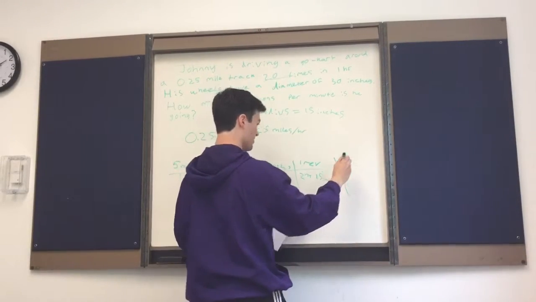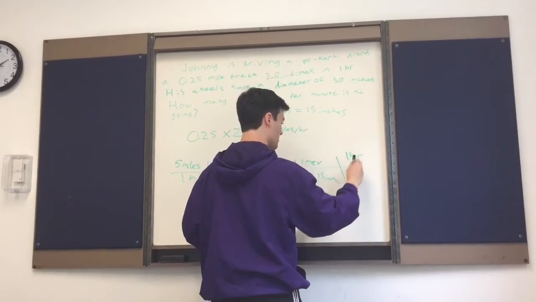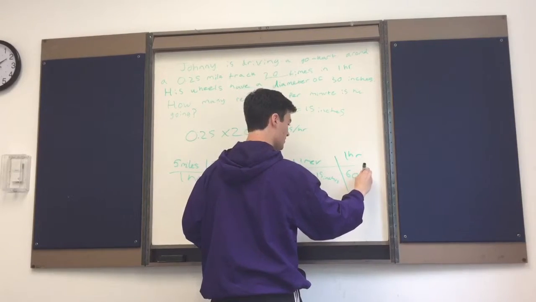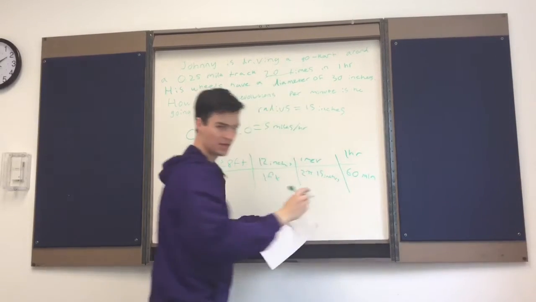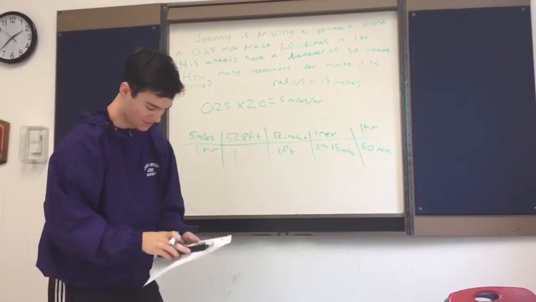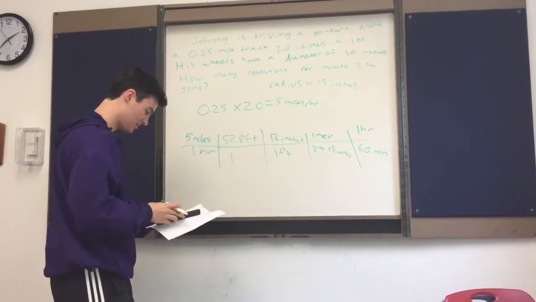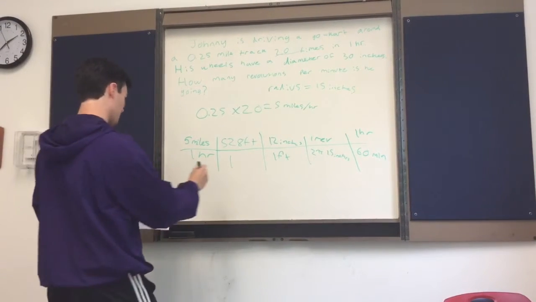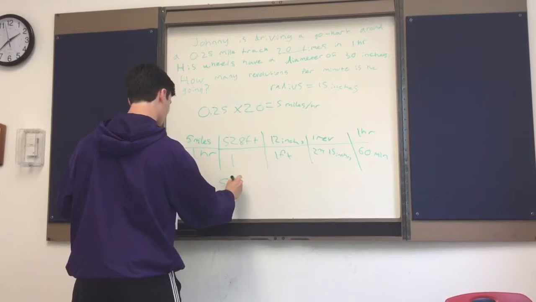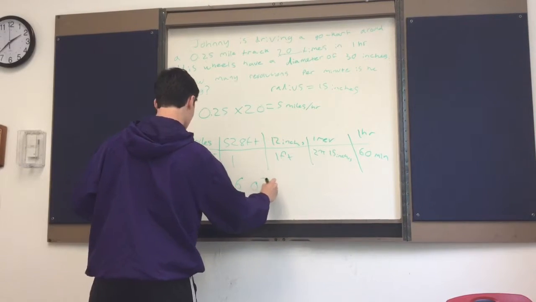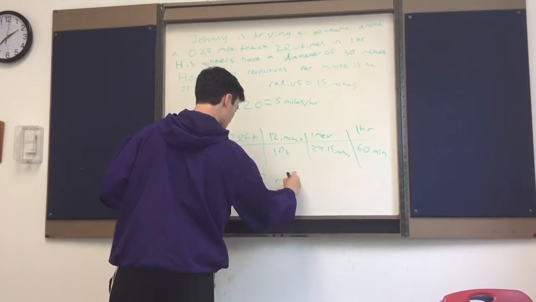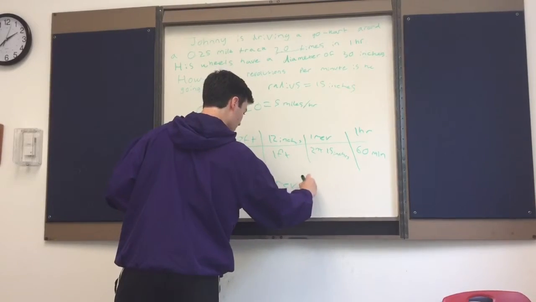And we do that by doing 1 hour is 60 minutes. Quickly put that in your calculator, and you get 56.02 revolutions per minute.